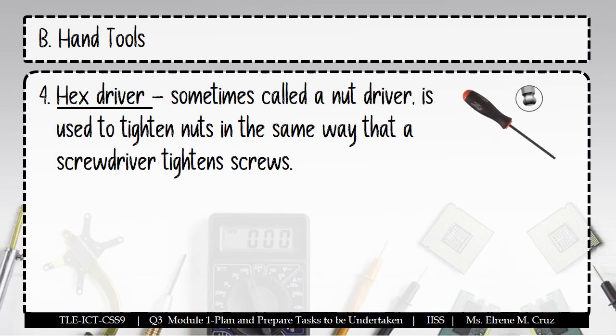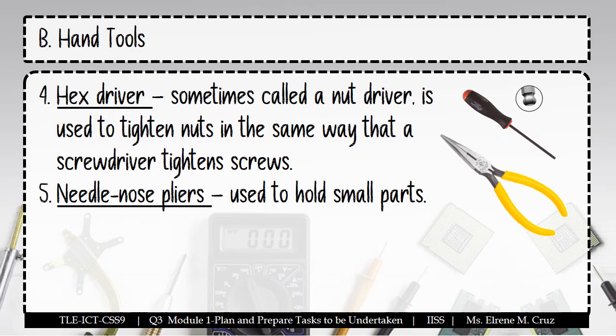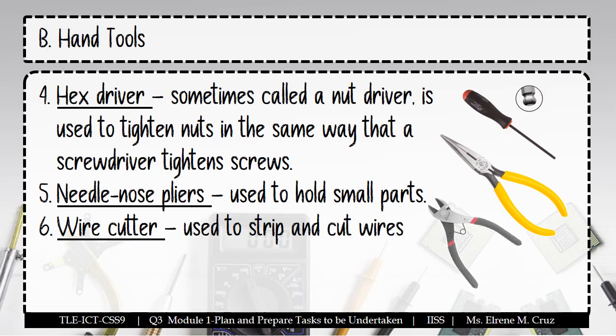Next hand tool is the hex driver, sometimes called a nut driver. It is used to tighten nuts in the same way that a screwdriver tightens screws. Next is needle nose pliers, used to hold small parts. Wire cutter, used to strip and cut wires.